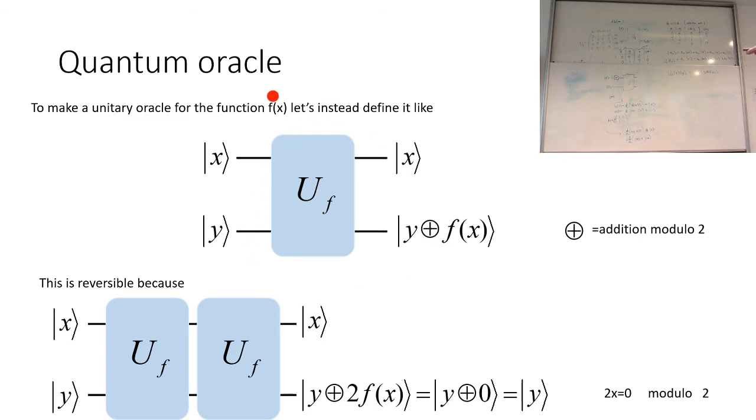The way this is defined is only in terms of the 0, 0 or 0, 1, 1, 0 states. It's not quite correct to say that the first qubit is in this plus state, and because this does nothing to the first one, it will still be in a plus state. Actually, you need to look at each of these terms separately.